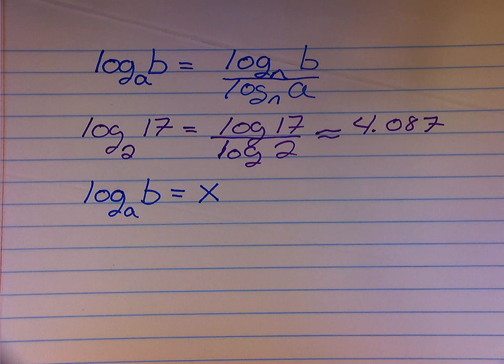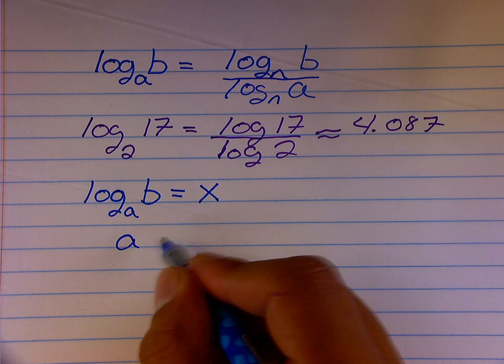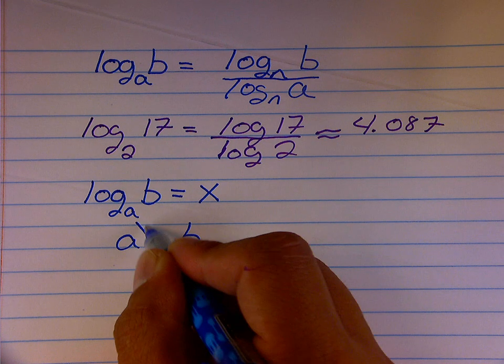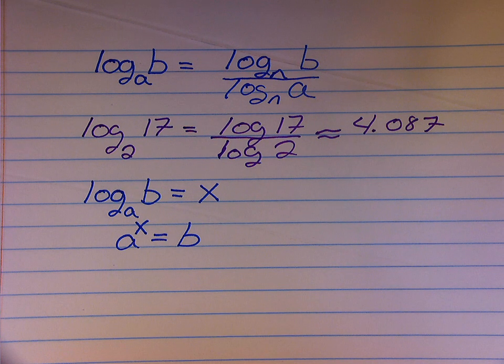So I'm not making any assumptions about what the value is, none whatsoever. Now, my very first step is I'm going to take this out of logarithmic form and rewrite it in exponent form, noting that the exponent I put on a to get the value b is x.